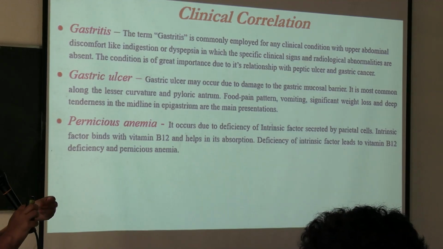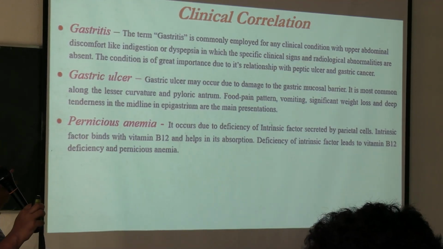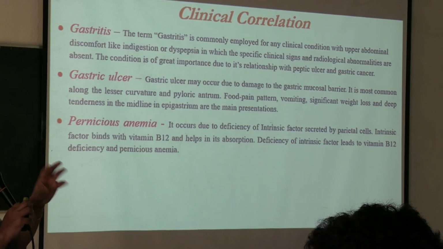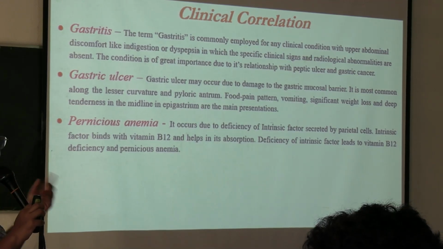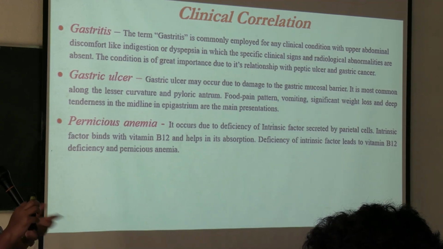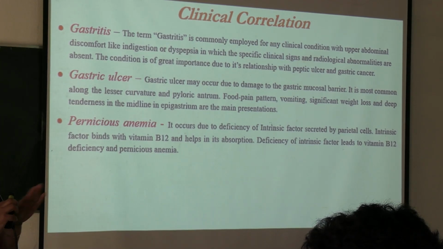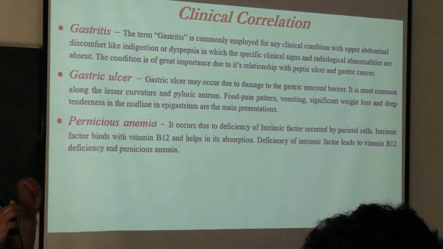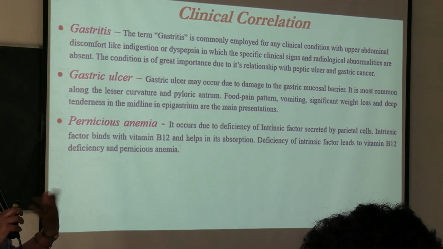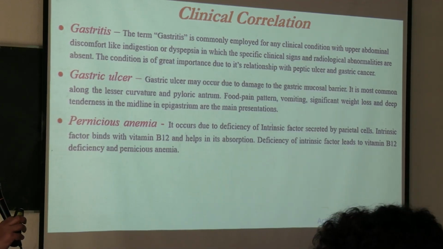So if you take food, it will cause pain there. In the duodenal case, there is secretion of mucus from the stomach. It will go to the duodenum and protect the ulcer. So if you take food, there will be increased secretion of mucus, so there will be more protection for the duodenal ulcer.